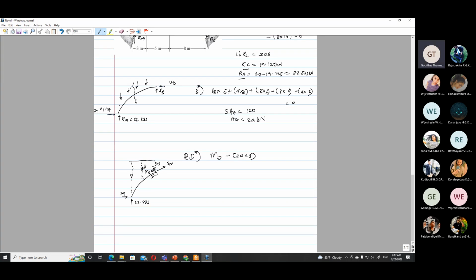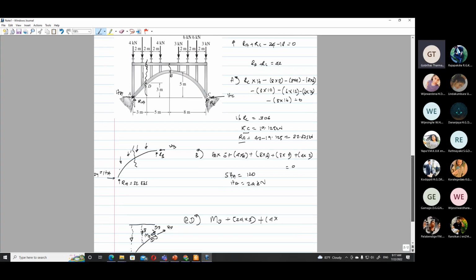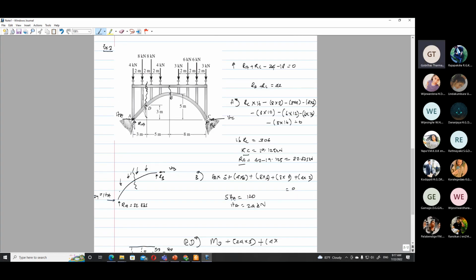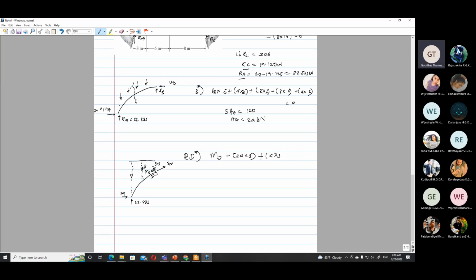Then these forces are going to cause clockwise rotations: 4 into the distance. From this point, the 4 is at 3 meters, 8 is at 1 meter. So 4 at 3 meters plus 8 at 1 meter, minus 22.875 into the distance. The distance to 22.875 is 3 meters, is 0.